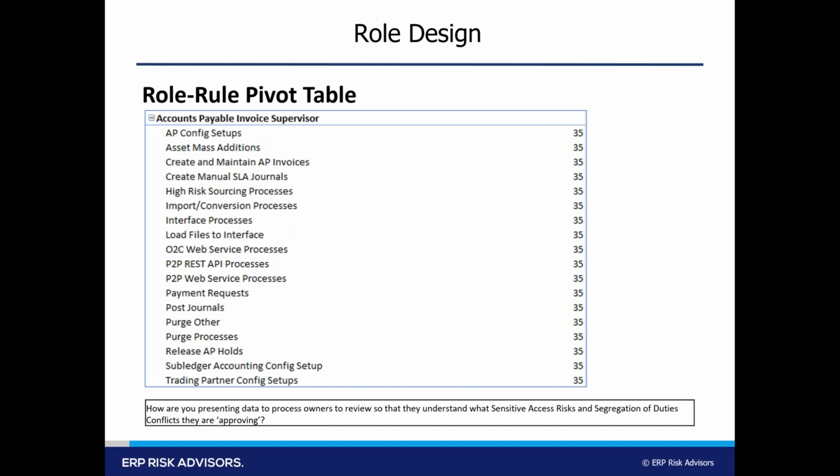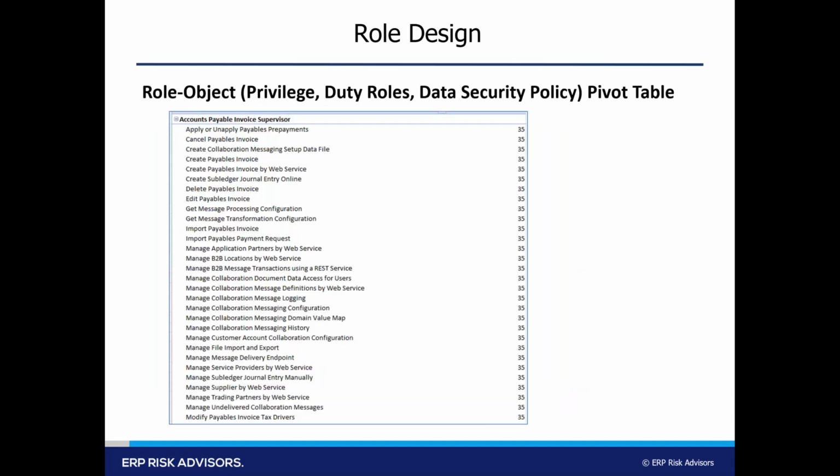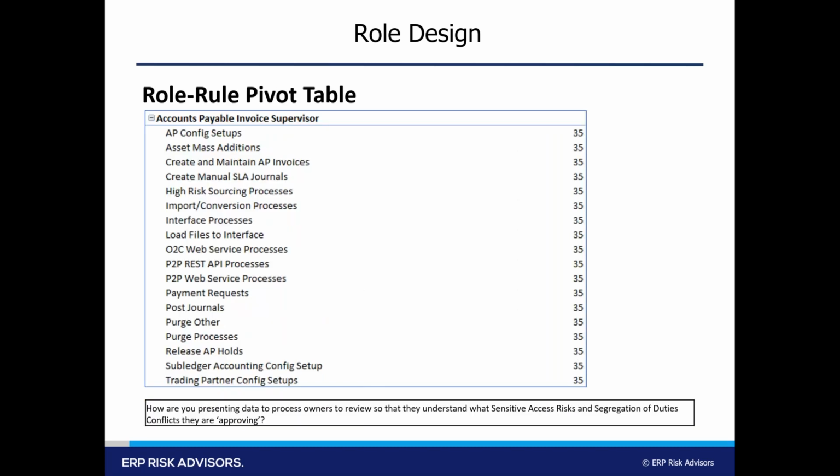So what you should be doing over time is getting your process owners to be conversant in these risks, either at the rule level or the privilege level or both. So when they see during the recertification process, my AP invoice supervisor has import conversion processes, I know that that's not allowable, or at least there's going to be somebody there to help guide them through that process.